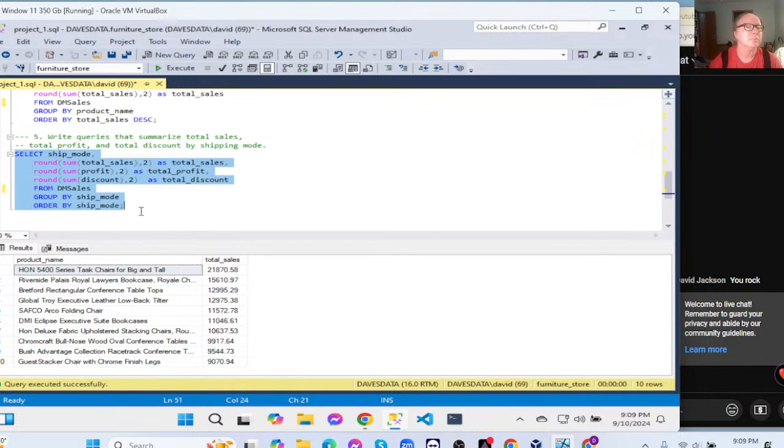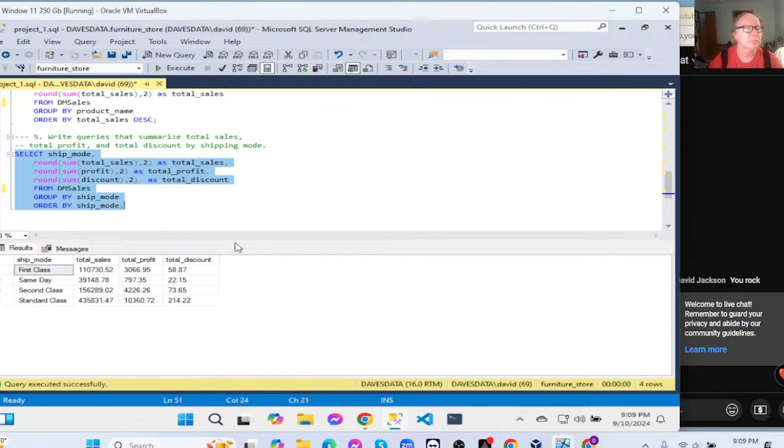Now, write a query that summarizes total sales, total profit, and total discount by shipping mode. Ship mode, total sales, profit, discount, group by ship mode, order by ship mode, okay?